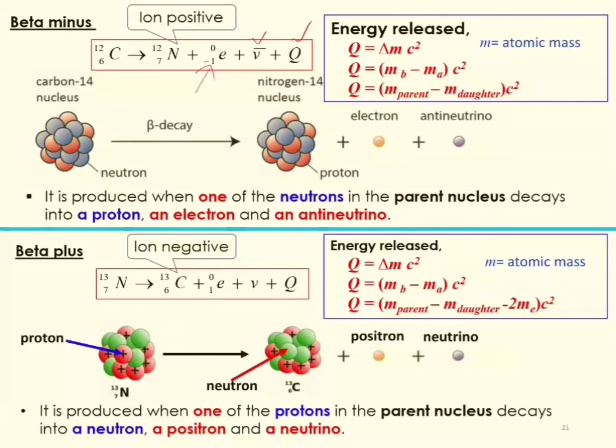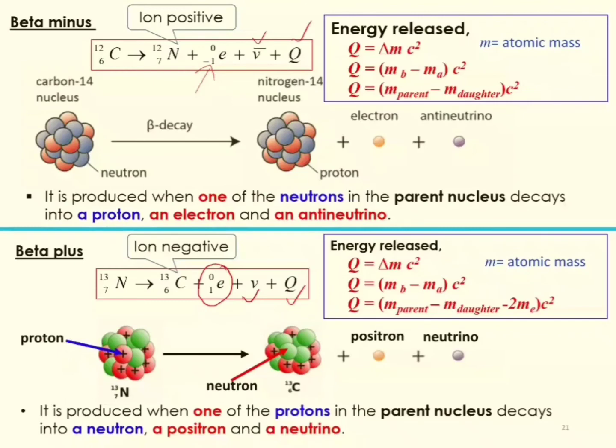Now we look at the beta plus. Let's say we have nitrogen-13-7. The nitrogen becomes carbon-13-6, and also e, 0, 1, which is the beta plus. Beta plus must be paired with the neutrino and also releases energy.